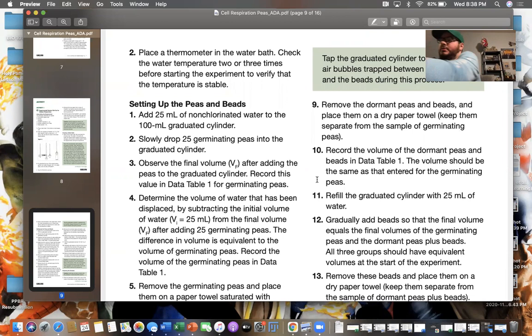We'll put that on this side. Okay, then we're at step 11, refill the graduated cylinder with 25 milliliters.